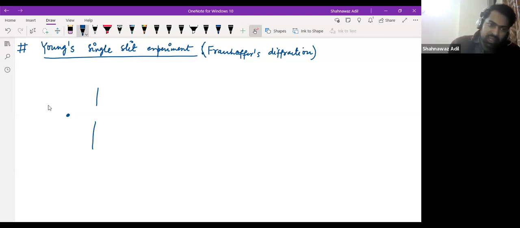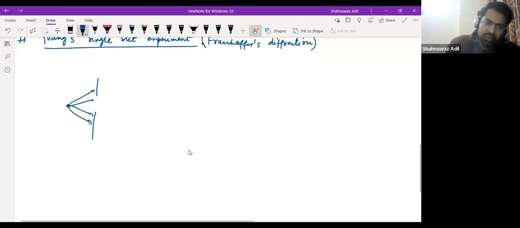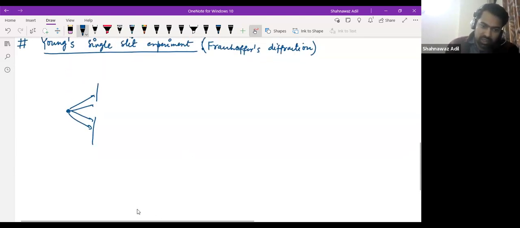Right. So let's say if this source is there, then these are the wavefronts that are coming, right, guys? So we have this source, and these are the wavefronts. These are the spherical wavefronts that are falling on this surface.